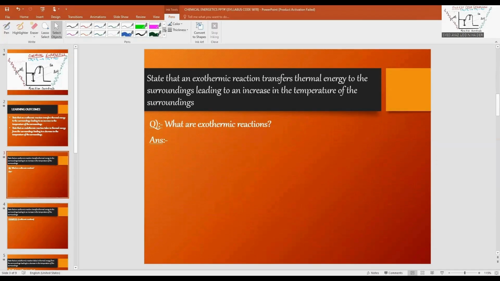What are exothermic reactions? The definition says that it is a reaction in which heat is released or given out to the surrounding. Let me write.